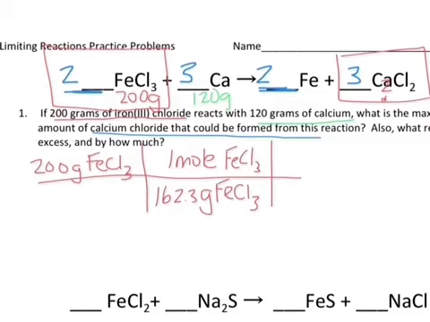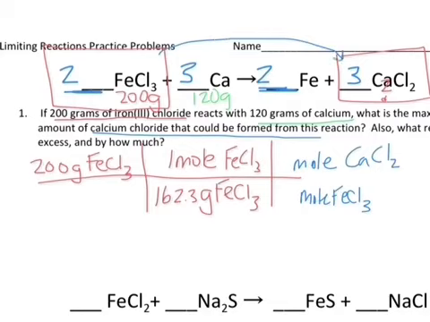All right. From there, now I use those blue numbers, right? Because I want to go from moles of FeCl3 to moles of, what am I trying to find? Moles of CaCl2. That's where putting those boxes really helps, because I know what the problem gives me, and I know what I'm trying to find. In this case, it's a 2 to 3 ratio.